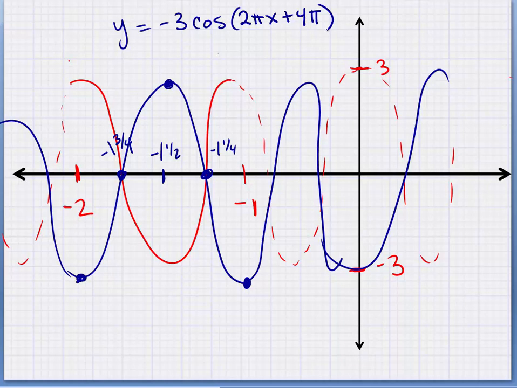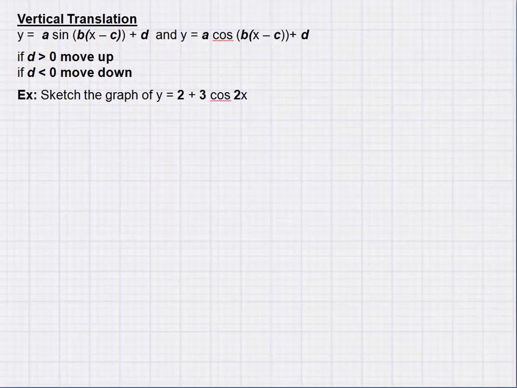Alright, we have one more thing we need to cover: the vertical translation. We know what A does, what B does, what C does, and now we have this D value.